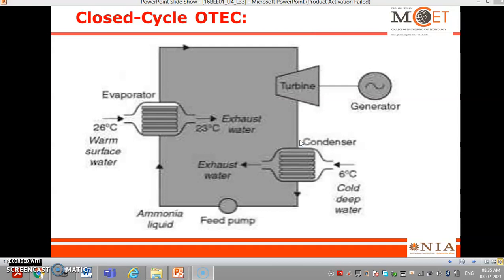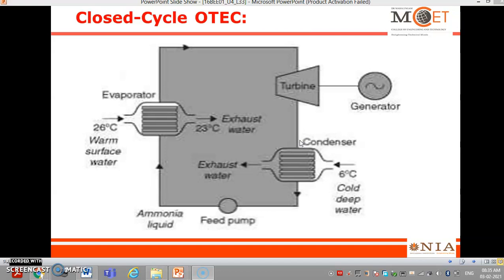This exhaust water has been given to the turbine to generate the mechanical energy. The mechanical energy output of the turbine has been fed into the generator, so mechanical energy has been converted into electrical energy.